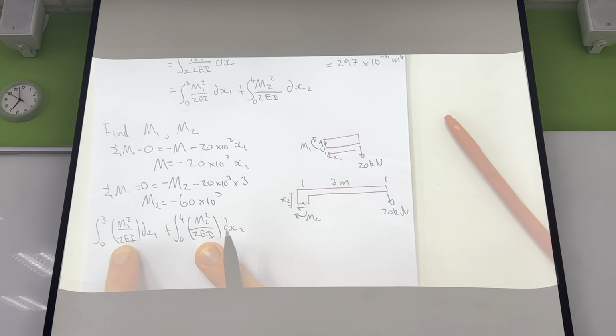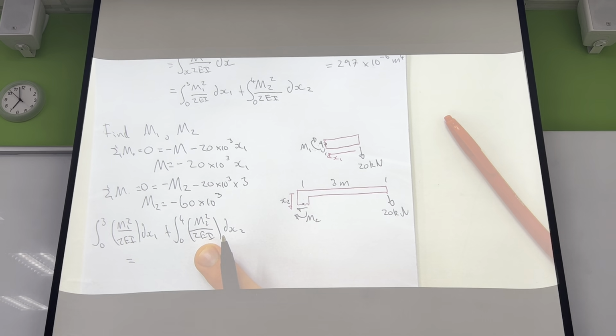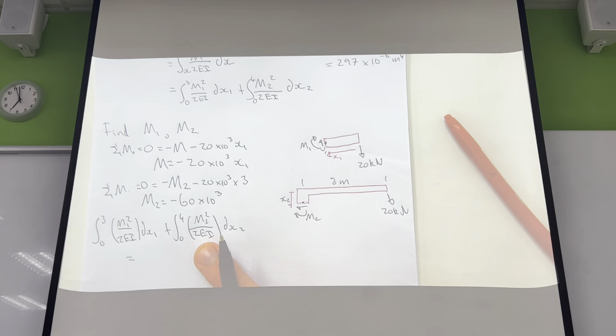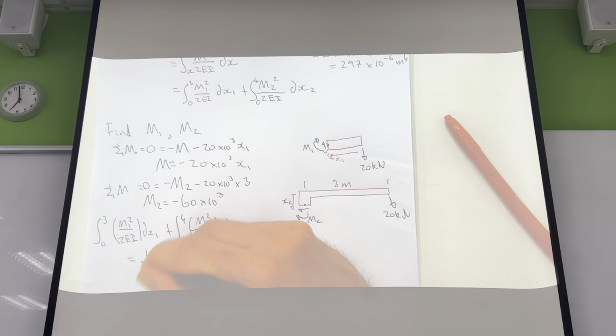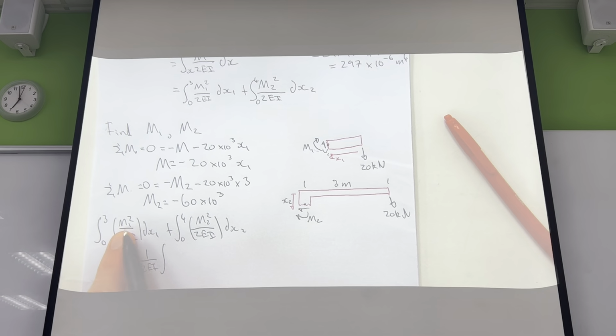So we bring these down. They both have 2EI up front. That's constant. It doesn't change. The cross section of the material doesn't change. So we'll bring that out as a common factor up front. So we have 1 on 2EI. Then we just need to go into this.